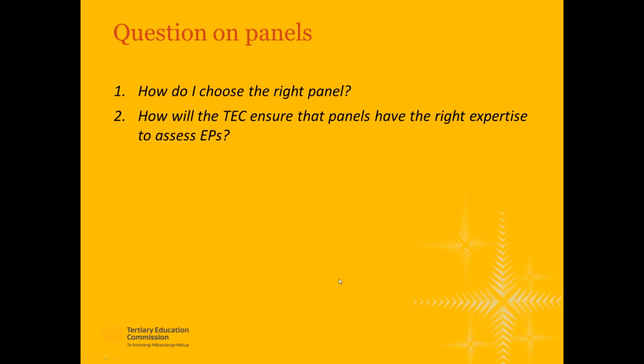Okay, and there was a second question, and then how will the TEC ensure that the panels have the right expertise to assess EPs? Yeah. So in February, we're expecting TEOs to provide us with information on how many portfolios they're going to be submitting and in what areas those are.